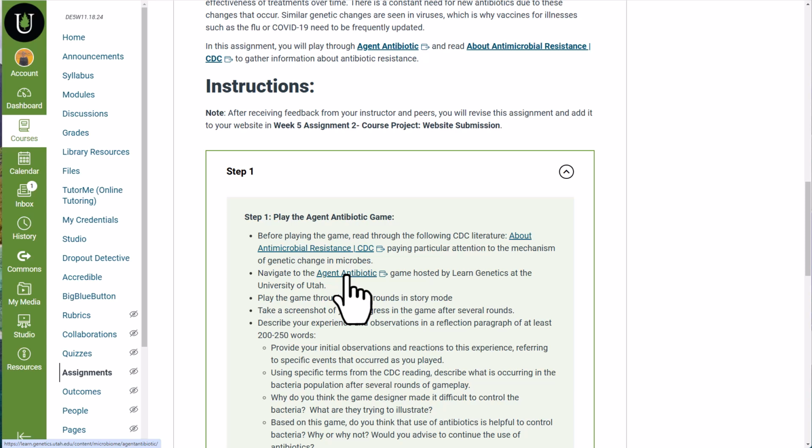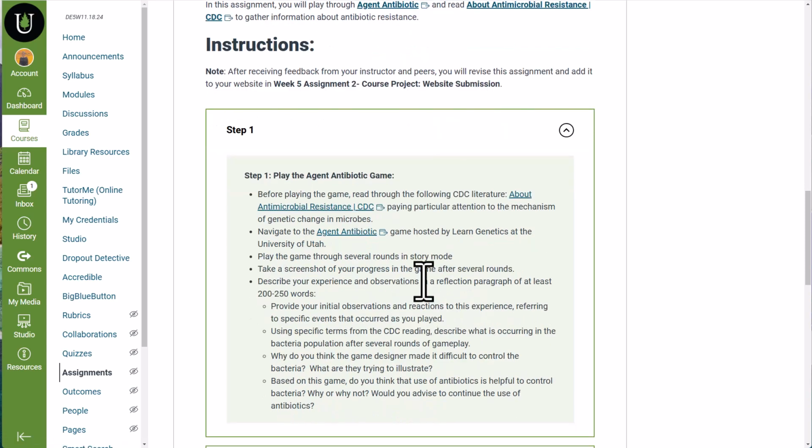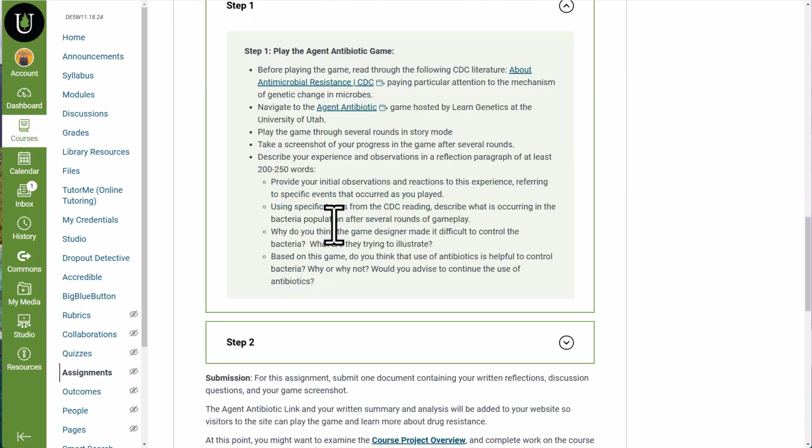Click on this one, which is the game. It's having you go through the game in story mode. It wants you to take a screenshot after several rounds, so make sure that you take that screenshot to show that you actually did the game, and then describe what you learned and saw as you were going through this simulation. Make sure that you use some of the specific terms that you saw in your CDC reading.